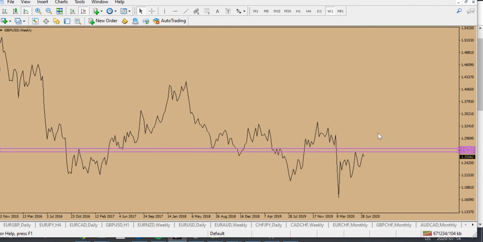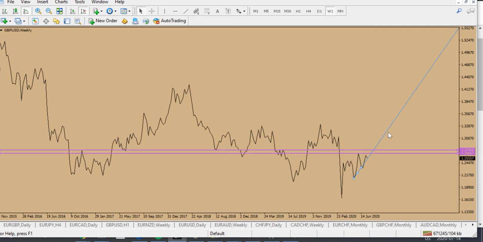So that would be an area where I would look into a sell. It already touched it, so it went down. So if it respects that trend line, it should go back up in that zone to drop.